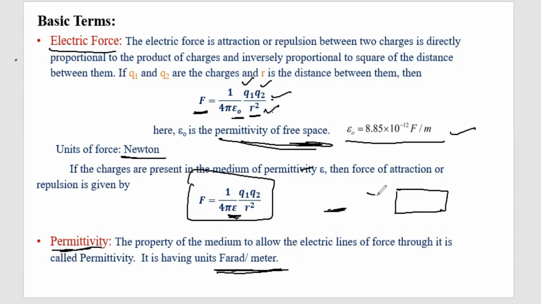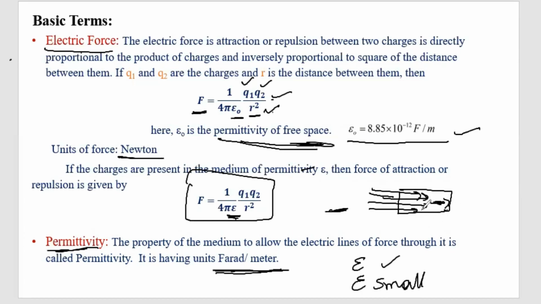Some media will allow more electric field lines to pass through them, and some media will allow fewer electric lines of force to pass through them. The property to allow the electric field lines to pass through the medium or substance is called the permittivity. If epsilon is a large value, it allows more electric field lines to pass through. If epsilon is a small value, it allows only a small number of field lines to pass through them.